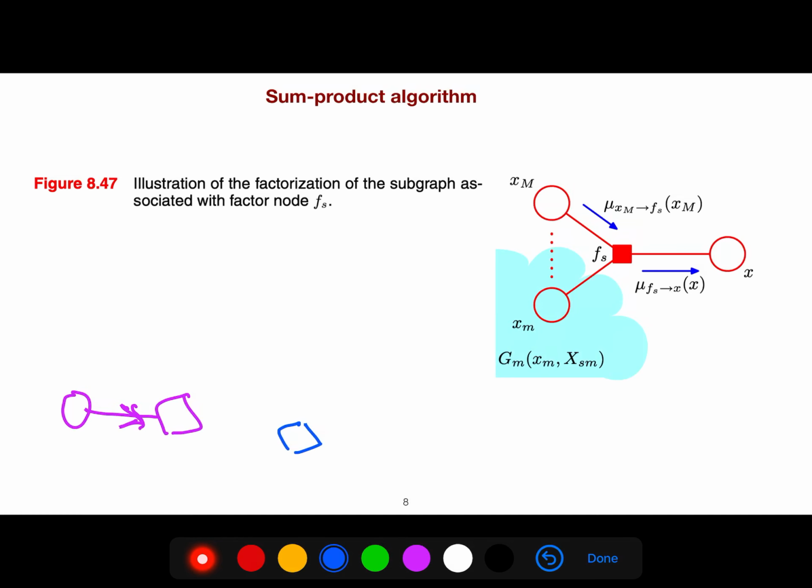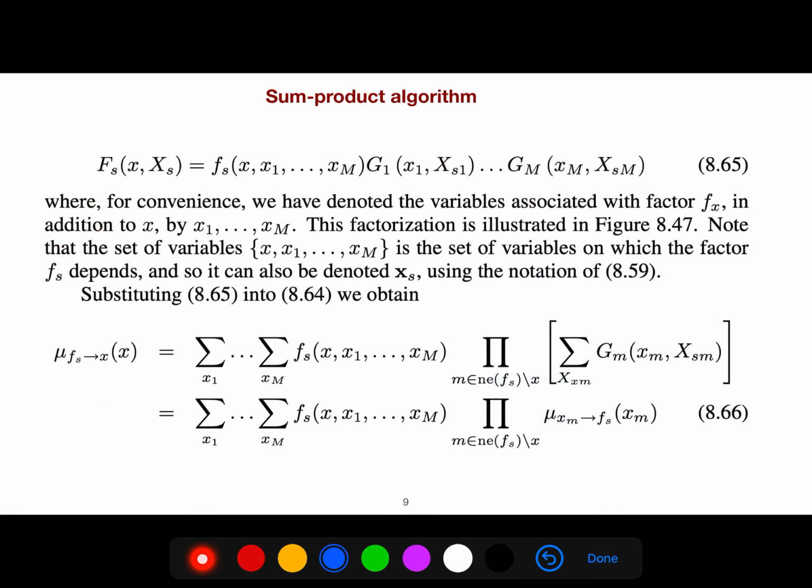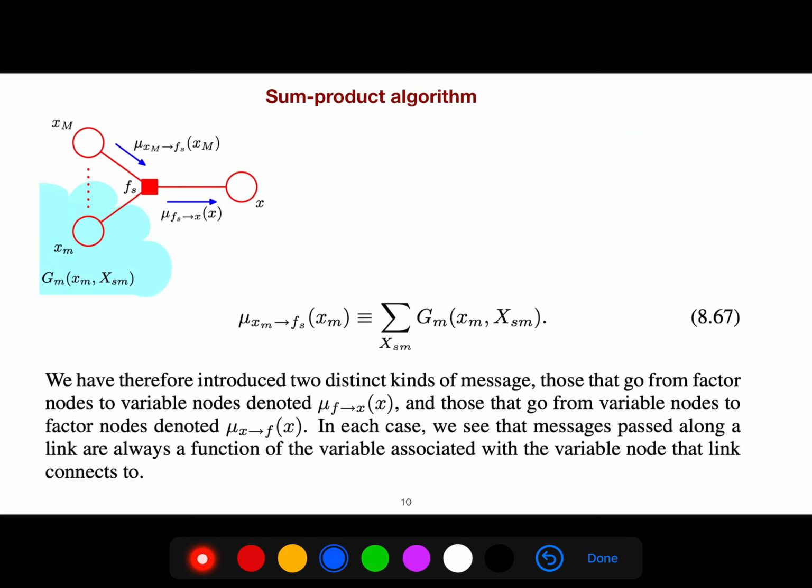So in this case, we call it G, and we sum over xm, but we multiply over all of these factors, so G1, G2, Gm. And so this is the message that goes from f of s to x.